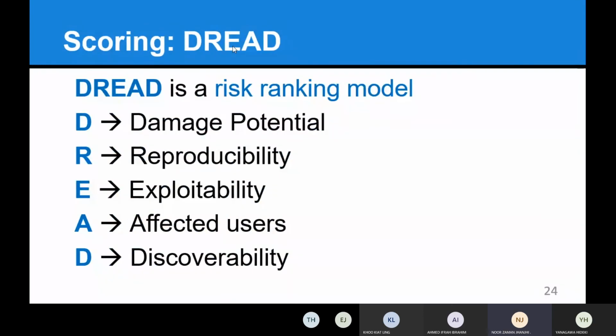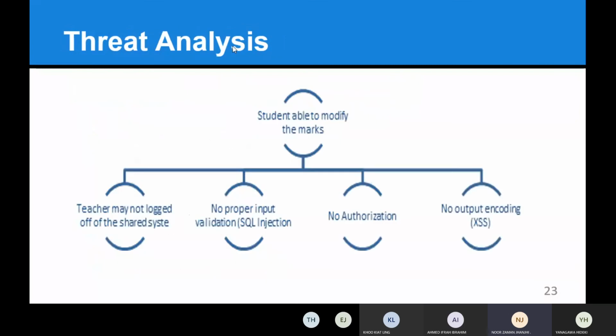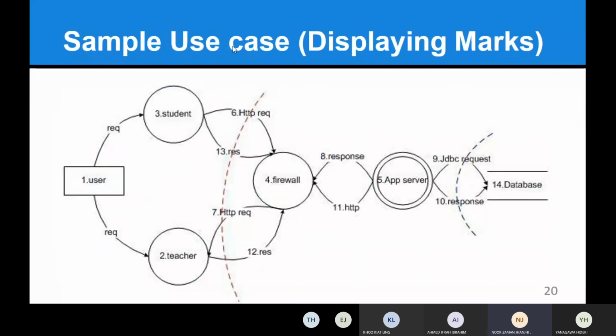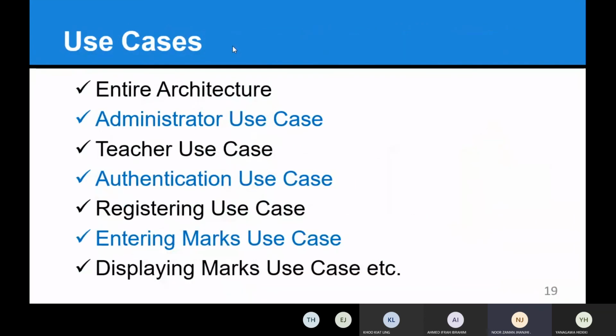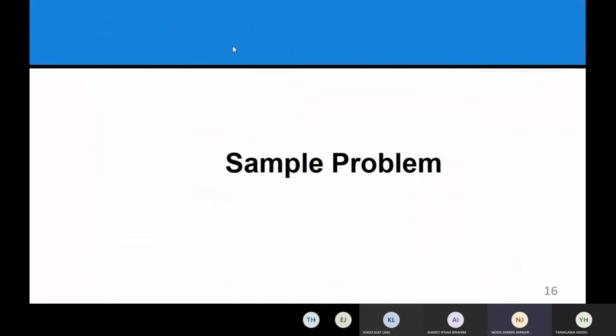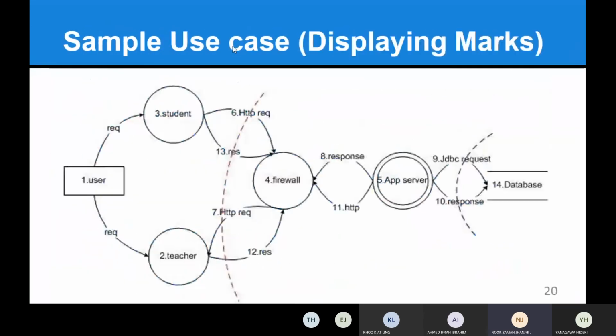So this is how we are designing the threat model. I hope you understand. You can analyze, you can come up with the metrics, you can have the trust levels, you can have the sample, so you can design your threat model. So this is how our threat model is working, and the sample problem is done.